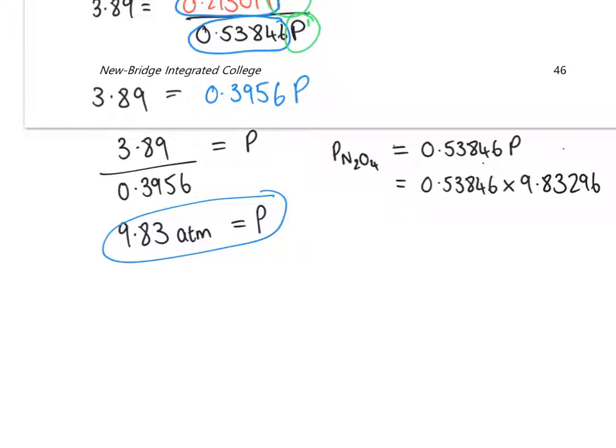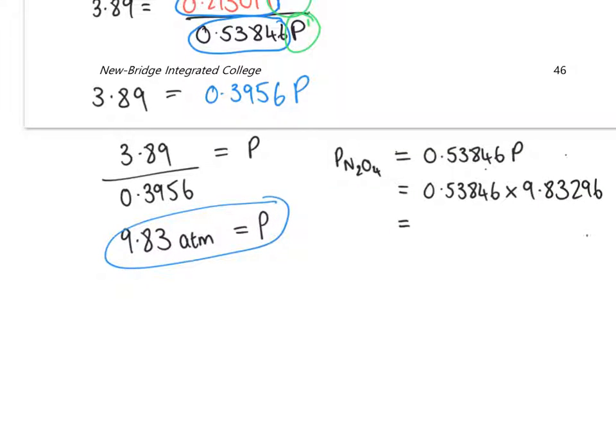I'm just going to add a few extra decimal places to make this a bit more accurate. That's what our more accurate value of P was before we cancelled it down to 9.83. So multiply that out and you should get that the partial pressure of dinitrogen tetroxide is equal to 5.29 atmospheres.